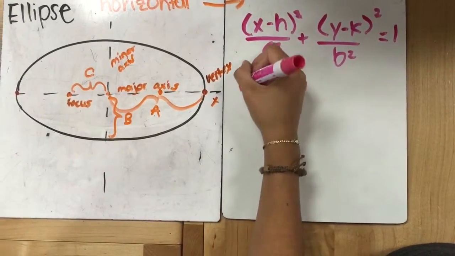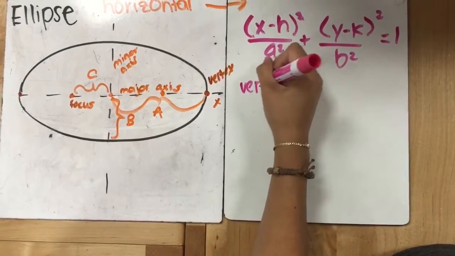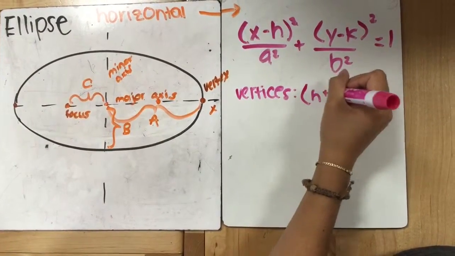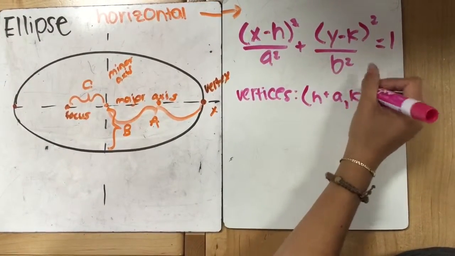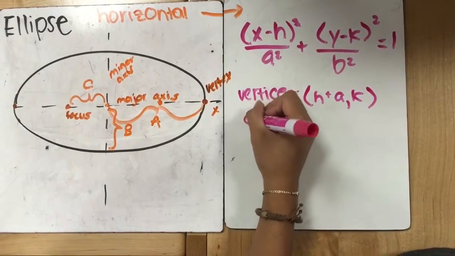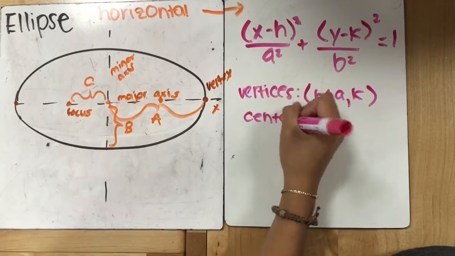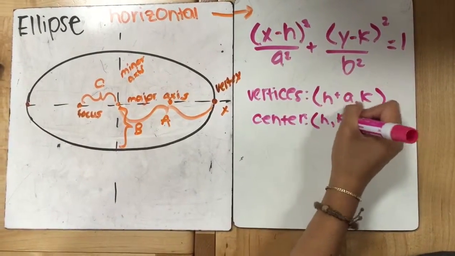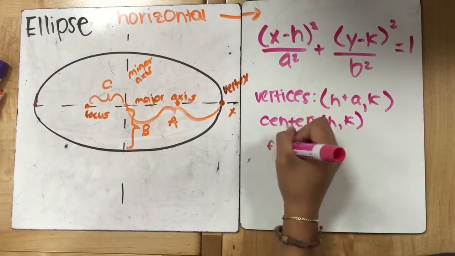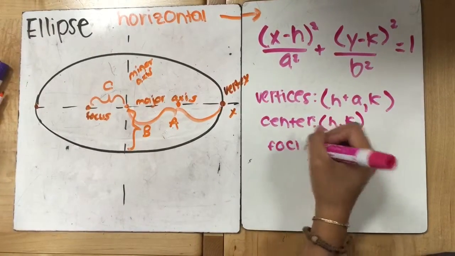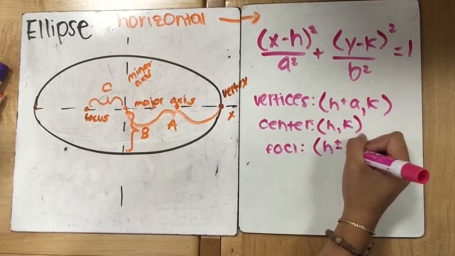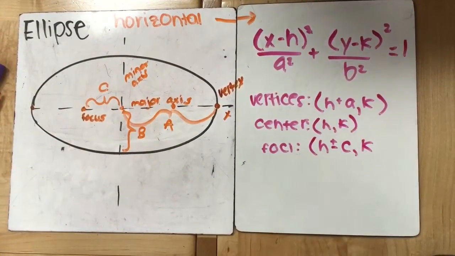The vertices are equal to h plus or minus a, k. The center will always be h, k, and the foci can be found using h plus or minus c, k.